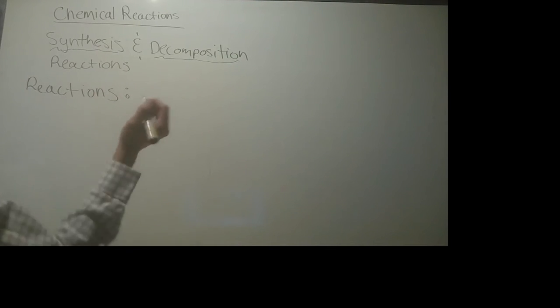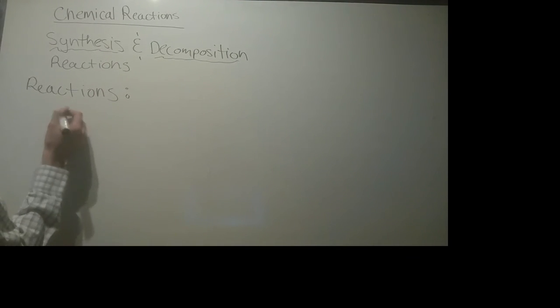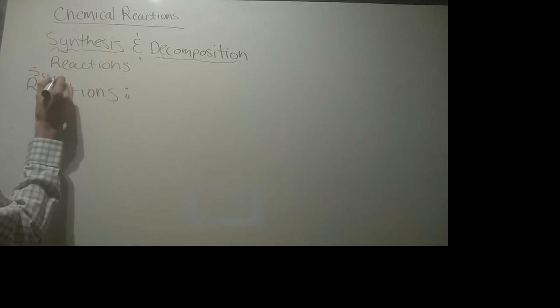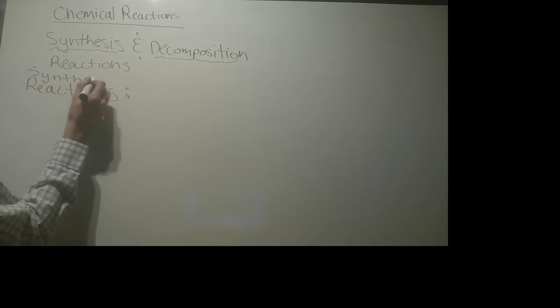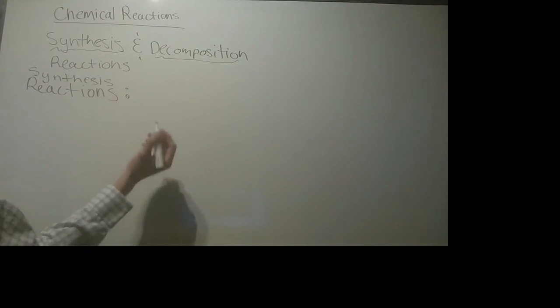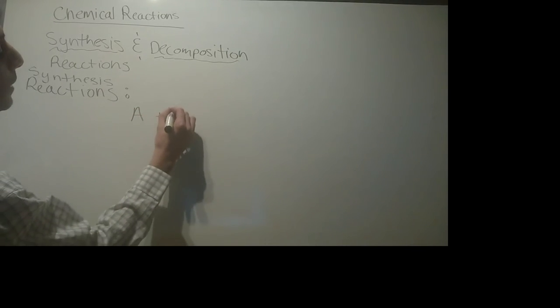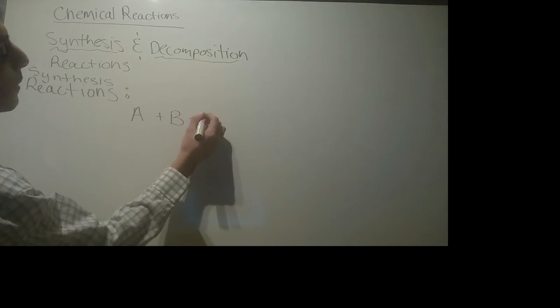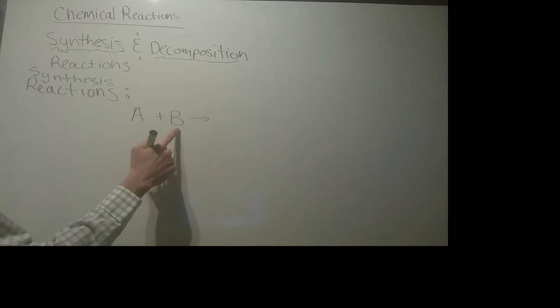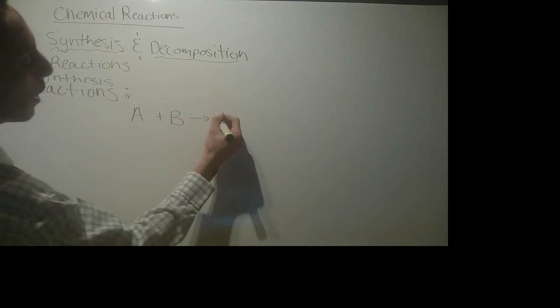Now, the most generic type of synthesis reaction is two simple things that we can call A and B, both separate at first, coming together to form a compound AB.